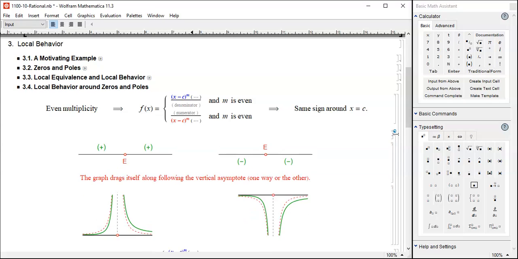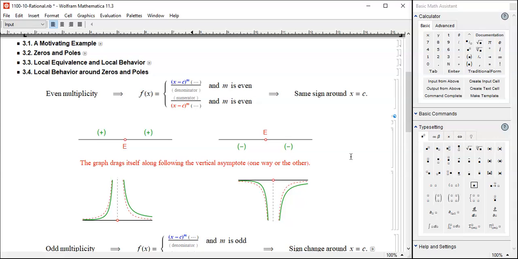Now, what if we have a pole or a vertical asymptote? It's going to be dragging toward positive or drag toward negative. Each side will drag each other. So we have plus plus or minus minus. Here, the red dotted curve represents a power function that shares the same local behavior.